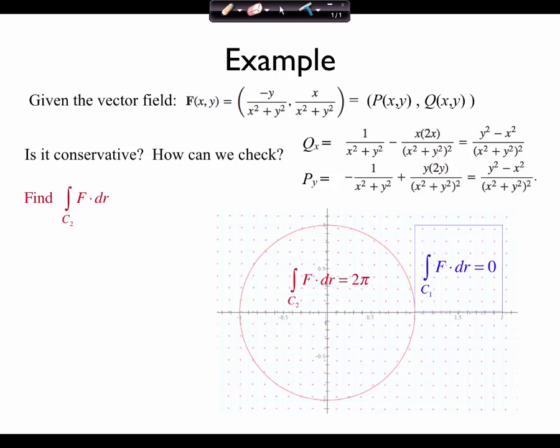So look at the vector field. It has to do with the vector field combined with this particular circulation path. What's that? Yeah, undefined at the origin, right? This is undefined at the origin. So what should I put here?